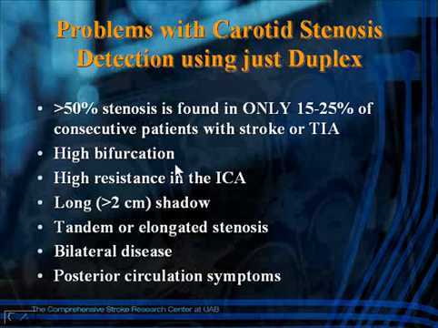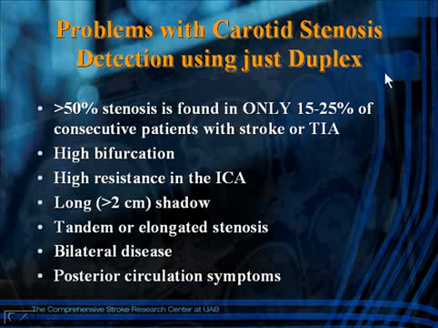For example, if you look at consecutive patients with stroke or TIA, 50% stenosis is only found in about 15 to 25% of these patients. So the rest of the stroke patients do not have their mechanism explained by this finding.